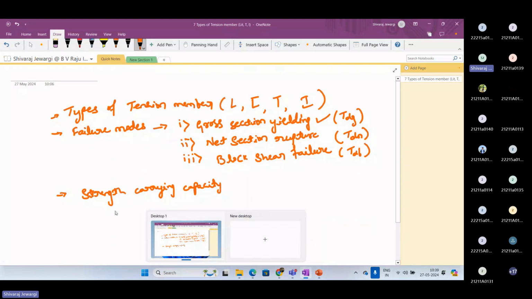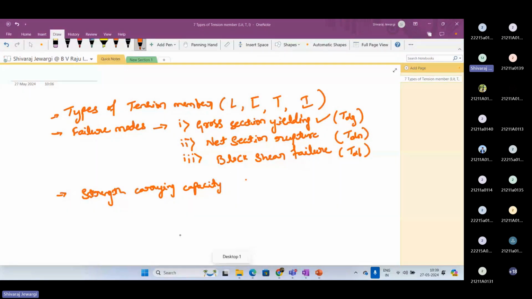And then later on, after this, we have designed a tension member, design of tension member. So based on the load given, the load coming on a particular member, you have to design a suitable section.